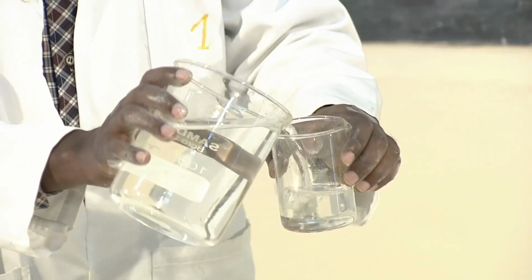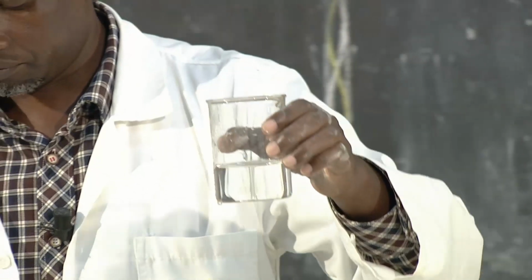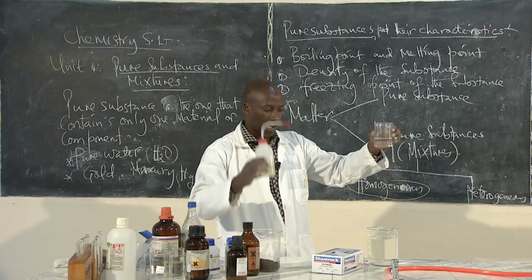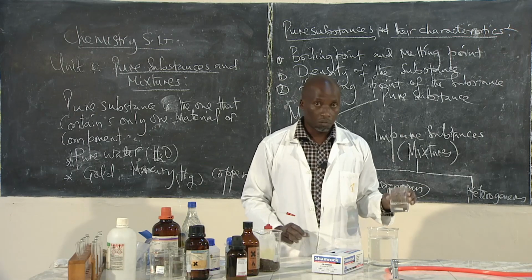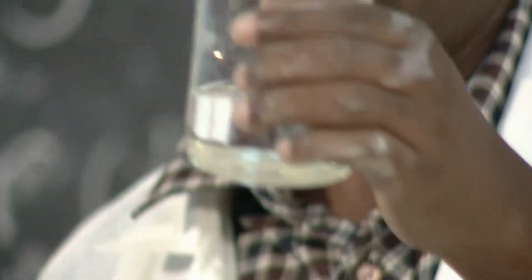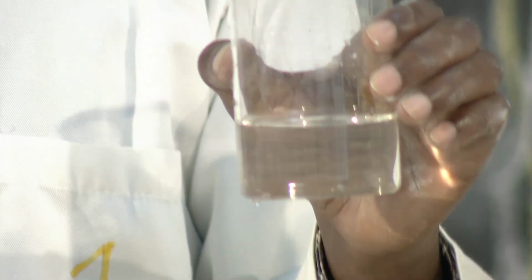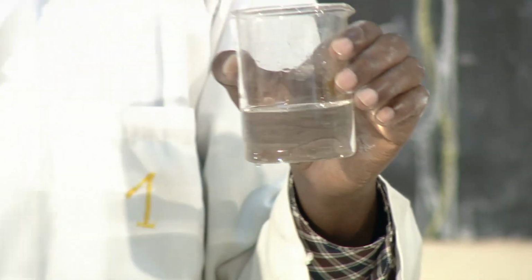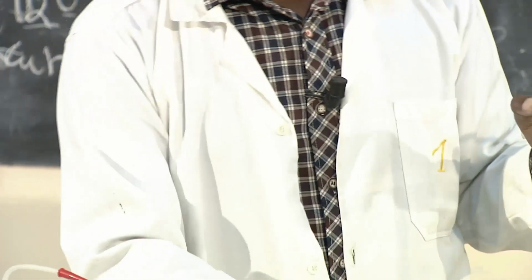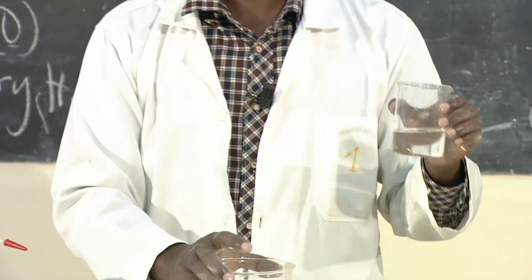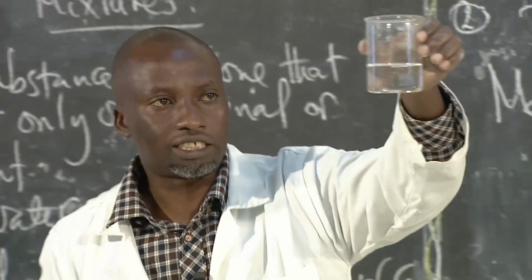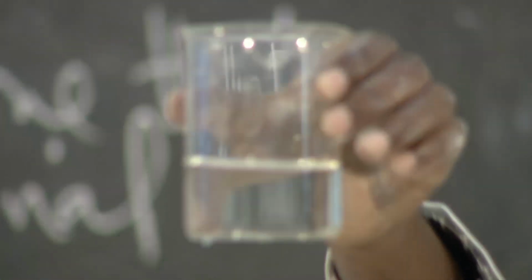This is hydrochloric acid, this is water. This is a mixture of two liquids. The hydrochloric acid is also a liquid form. This one is also a liquid, which is water. So when you look at this, it forms a homogeneous mixture.